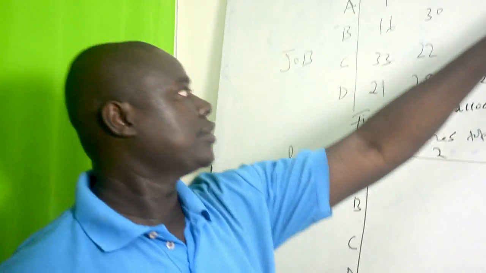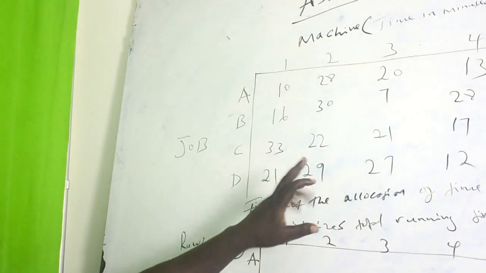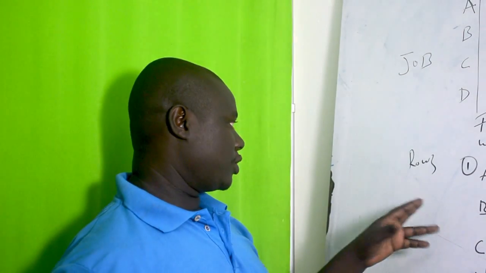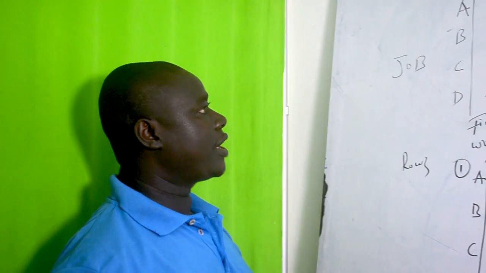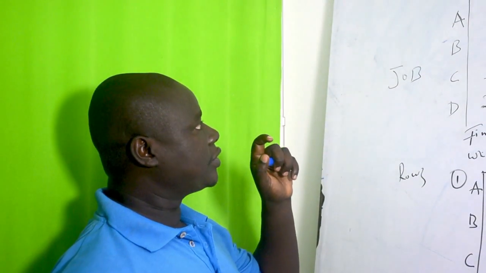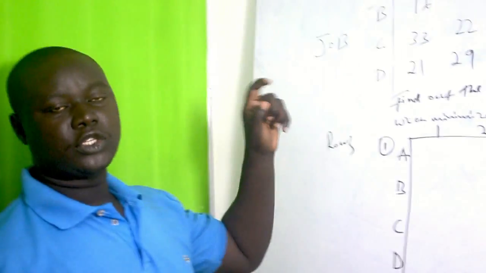We have rows, and we have columns. Columns are these ones. Now, we start with rows. Because we are going to minimize minutes, we are going to look at the smallest number in that row.